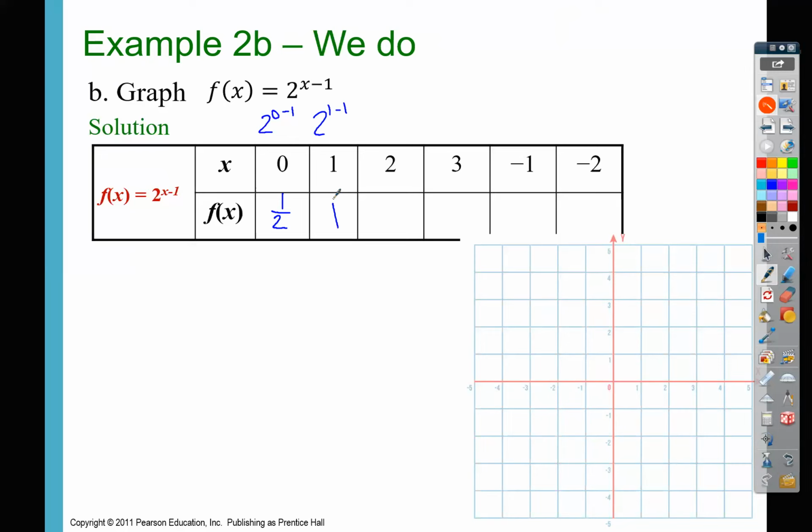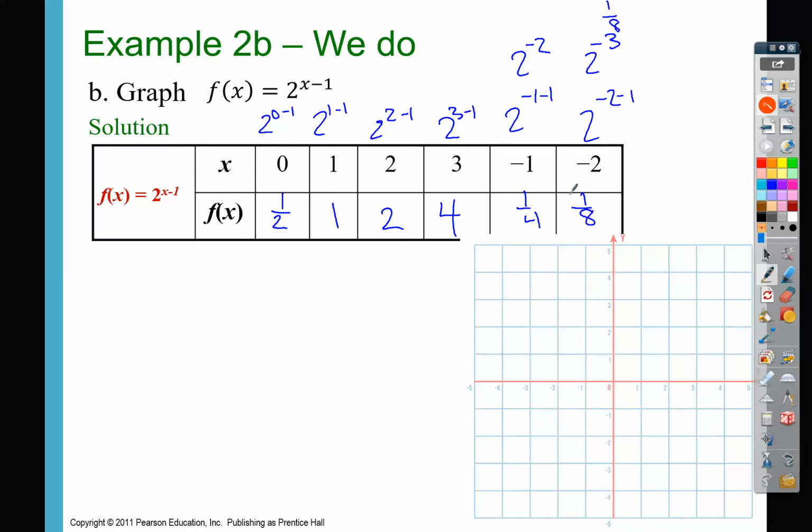Then we have 2 to the 2 minus 1, and we get 2 to the first power, which is 2. 2 to the 3 minus 1 is 2 squared, which is 4. 2 to the negative 1 minus 1 is 2 to the negative 2, so 1/4. And 2 to the negative 2 minus 1 is 2 to the negative 3, so 1/8.